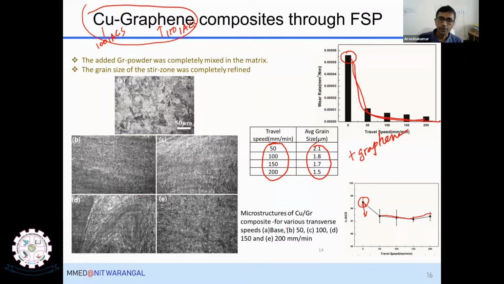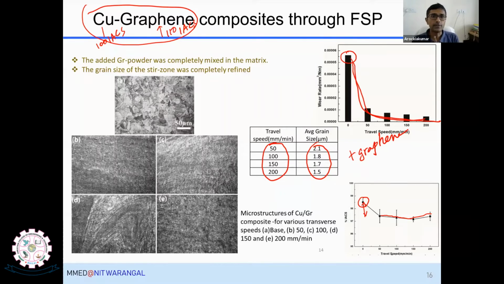So there is an insignificant decrease in the electrical conductivity. Here we have achieved our target. The target is that I have to increase the wear resistance and the strength, but at the same time I should not deteriorate the electrical conductivity to a significant extent.